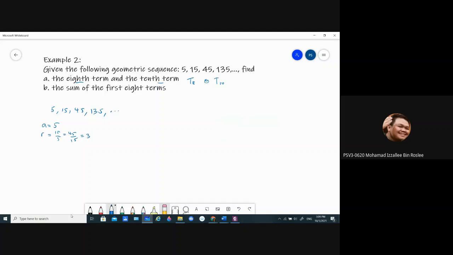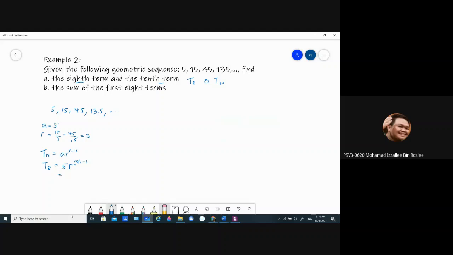So from here, our formula for Tn is A Rn minus 1. So T8 is equal to A, which is 5, R, which is 3, to the power of n, 8 minus 1, correct?